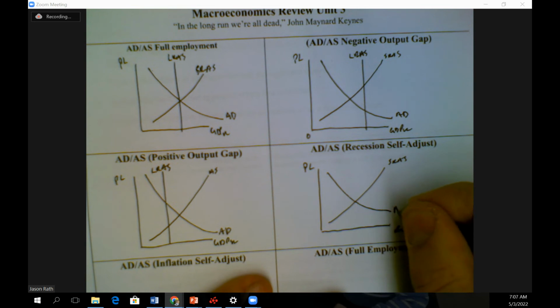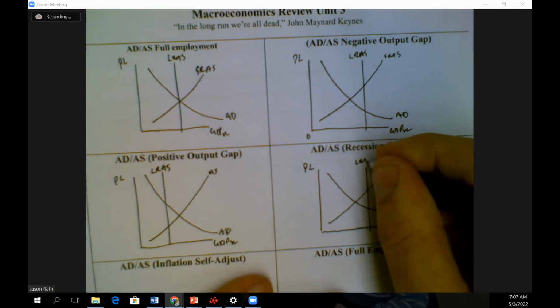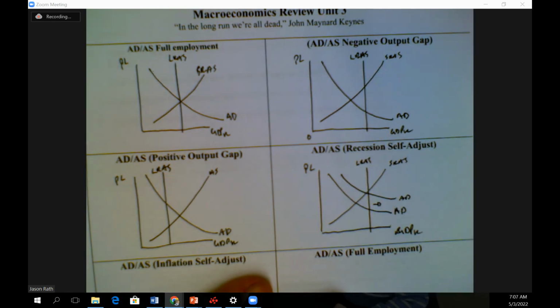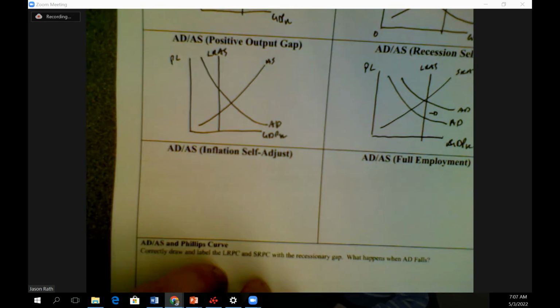If we're here and we're in recessionary gap, right? Going here back to full employment is self-adjusting. And then inflation self-adjusting too. Same kind of thing.